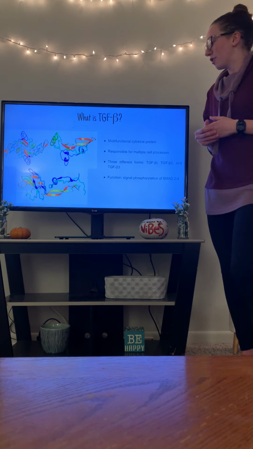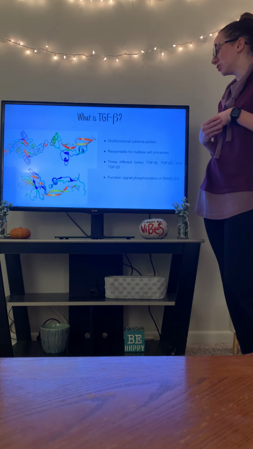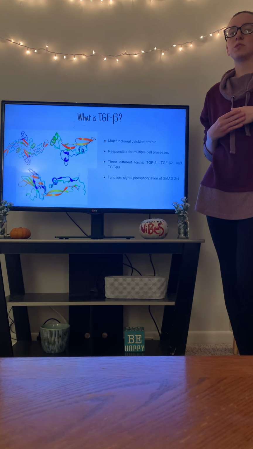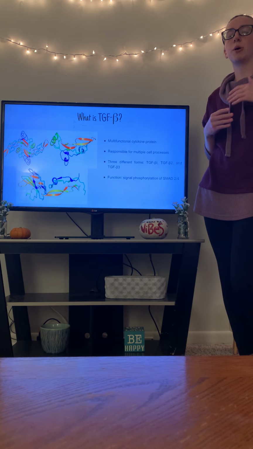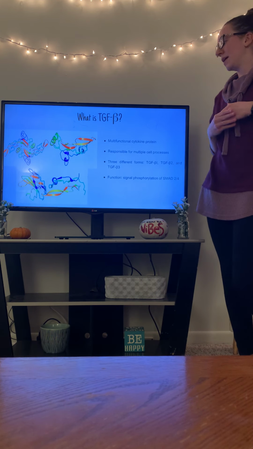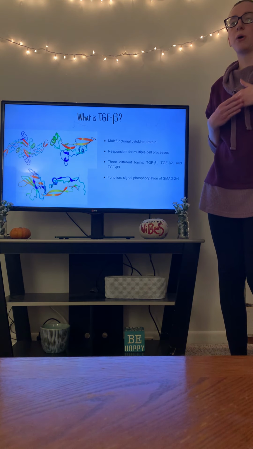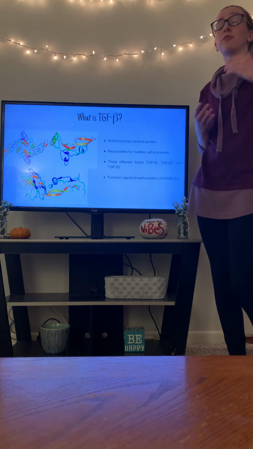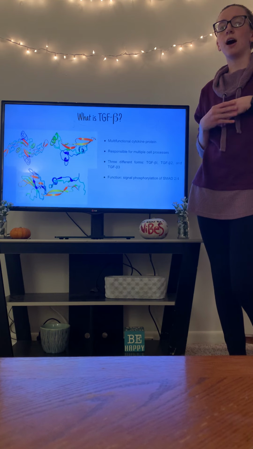So for a general overview, TGF-beta is just a multifunctional cytokine protein. So pretty much that is just a big word for the family of proteins that it is found in. And as I said before, it's responsible for multiple cell processes such as cell proliferation, so whether or not the cell grows or stops growing.